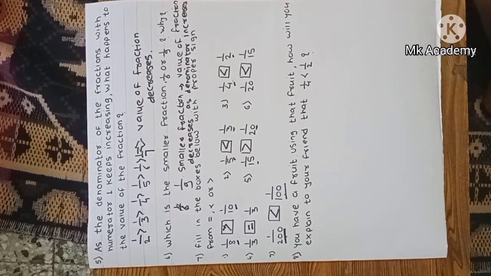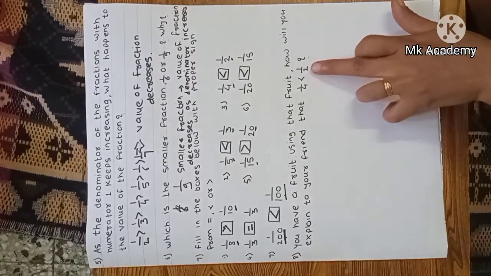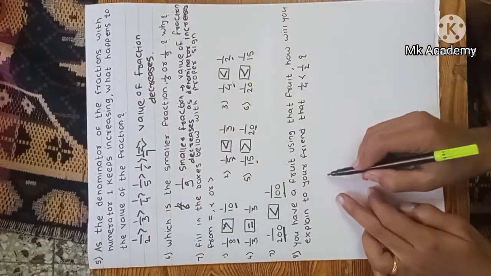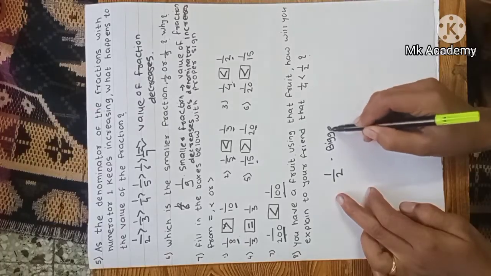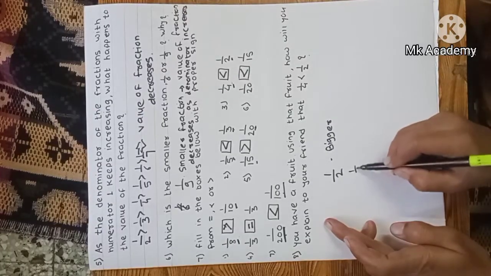Then the other fruit, we have to cut into four equal parts. Now in this 1/2 and 1/4, 1/2 is bigger and 1/4 is smaller.